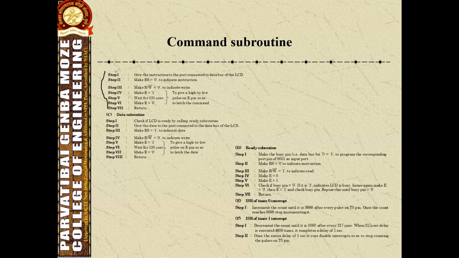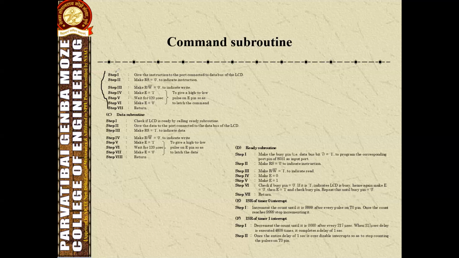So first we make all the port pins high to initialize the port pins as input port. Then make RS equal to 0 to indicate instructions. Then listen here, the enable operation will be opposite here. First E should be made 0 and after that we make it 1.